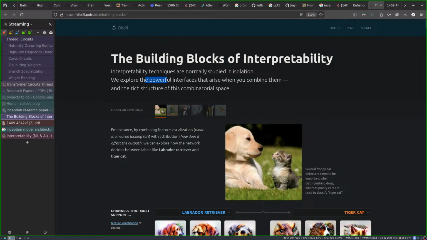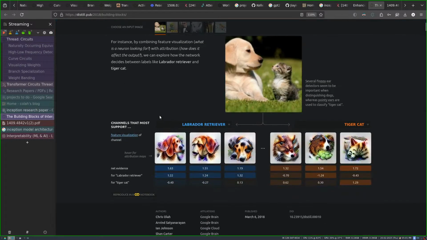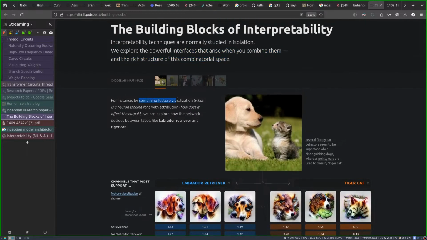We explore the powerful interfaces that arise when you combine them, the rich structure of combinatorial spaces. By combining feature visualization, what a neuron is looking for, with attribution, how it affects the output, we can explore how the network decides between labels like dogs and cats.